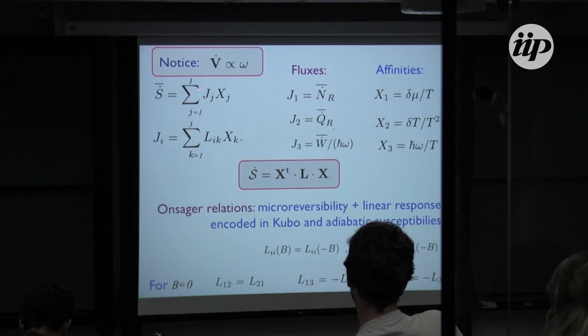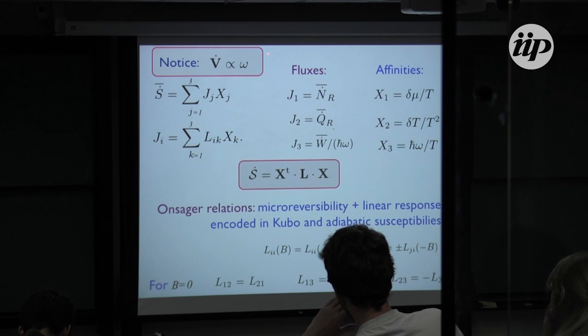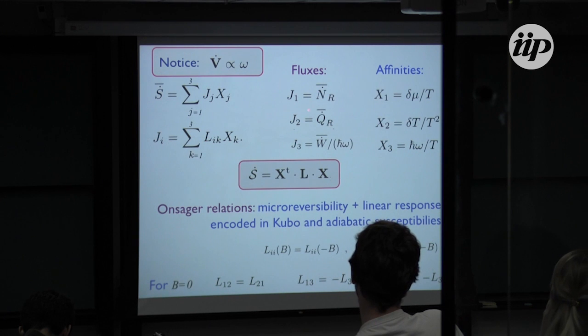We can realize that each of these V dots are proportional to the driving frequency, and so we can identify the driving frequency as the single parameter to identify all the effects of the AC driving. In this way, we reduce the problem to a problem of three fluxes, three relevant fluxes, one for the charge, one for the heat, the affinities delta mu, delta t, this as in usual thermoelectric, but we now have this additional flux for the work, for the flux of work which is exchanged with the AC forces.